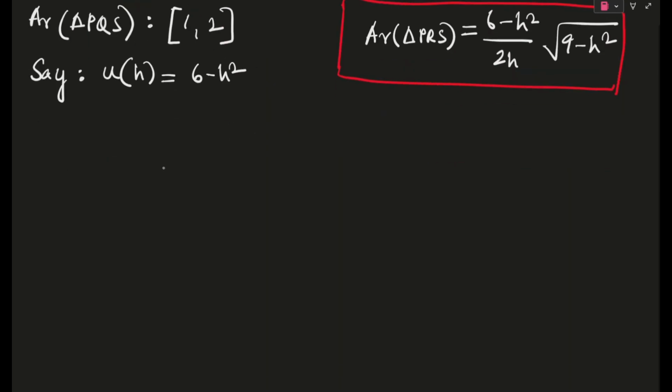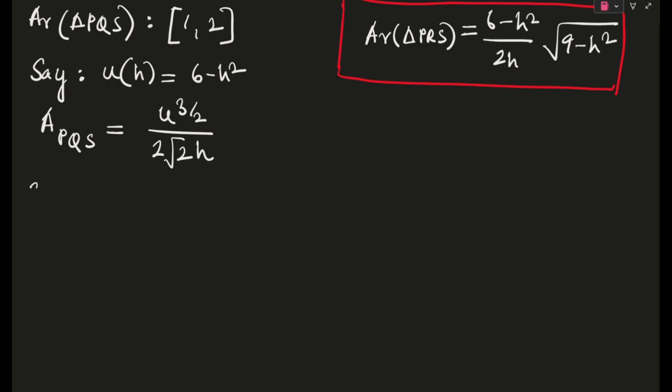So if we write area of triangle PQS, APQS, this thing will actually come out to be u power 3 by 2 by 2 root 2 h.